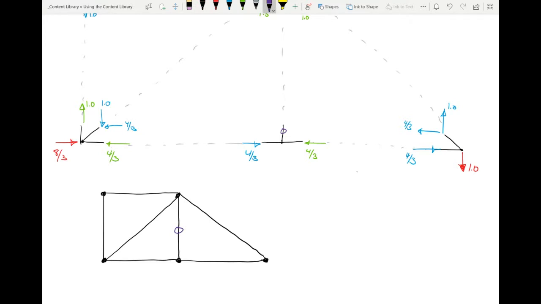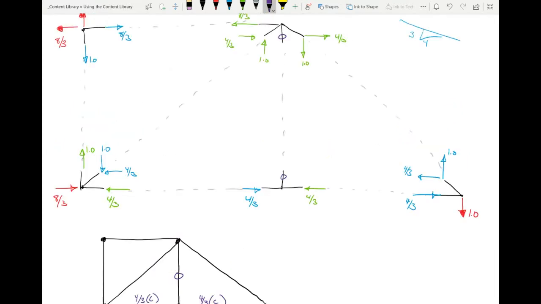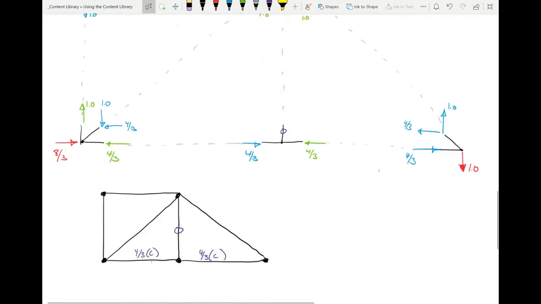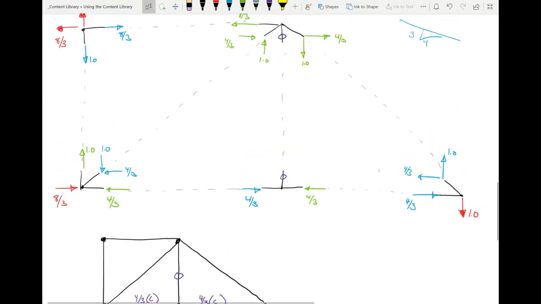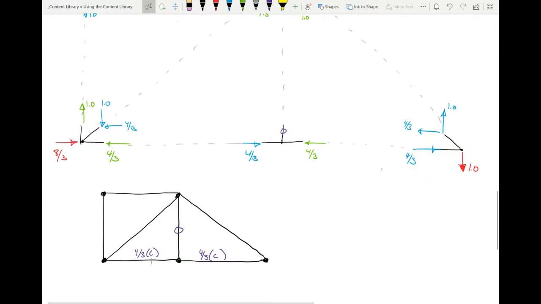All right. This is 4/3 in compression, right? This is 4/3 in compression. Let's see. So these diagonals, if you have 1 and 4/3, if you chug that out, so 1 squared plus 4/3 squared, take the square root, it's 5/3.